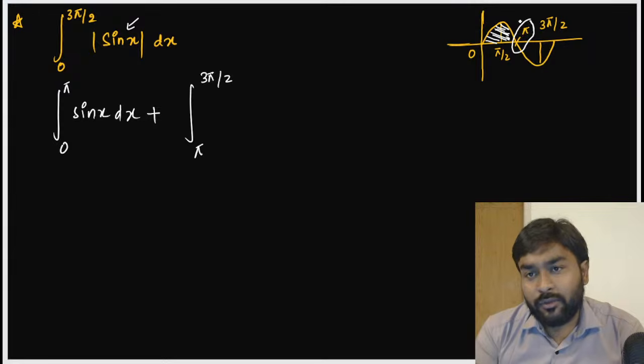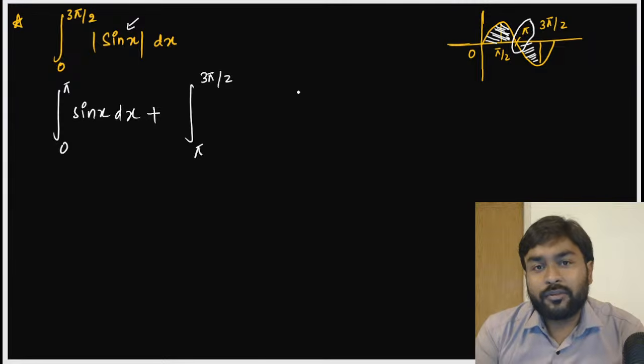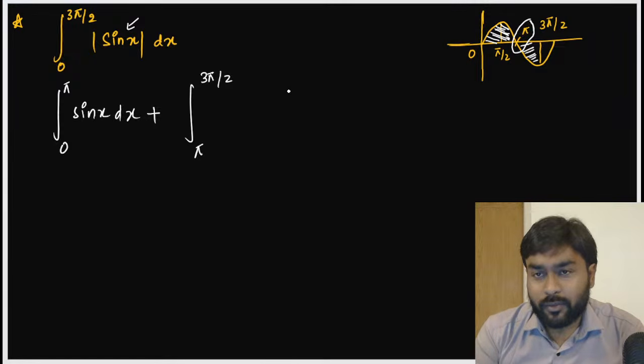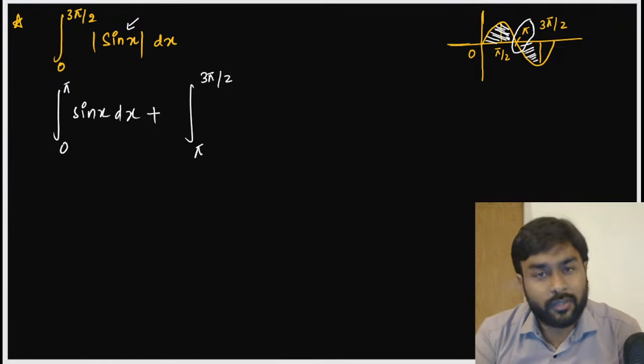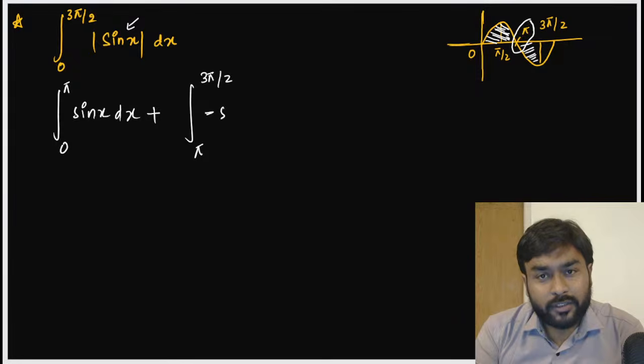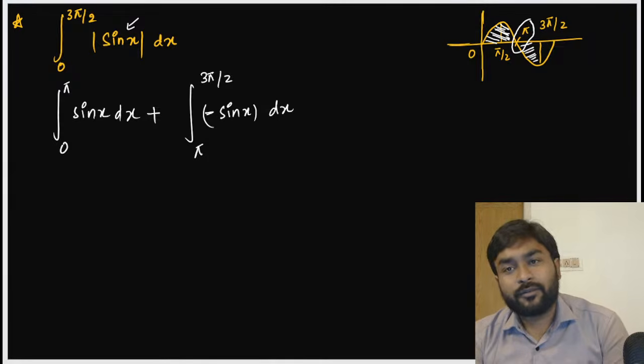In the duration of pi to 3 pi by 2, this will be the graph, but it is negative. So here we will apply mod. Either you can apply mod or you can apply one extra minus. That is your choice. Here I am writing one extra minus: minus sin x dx.